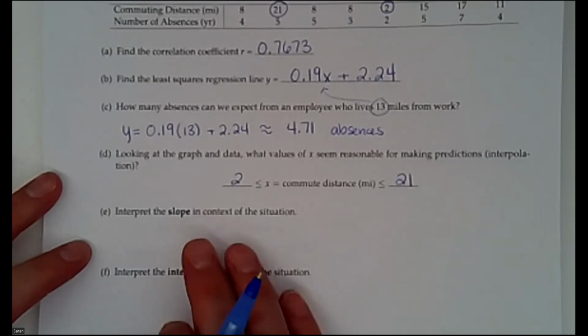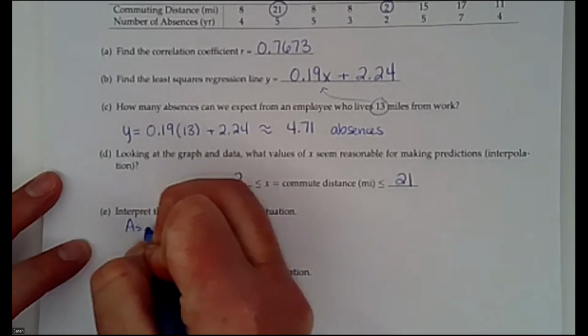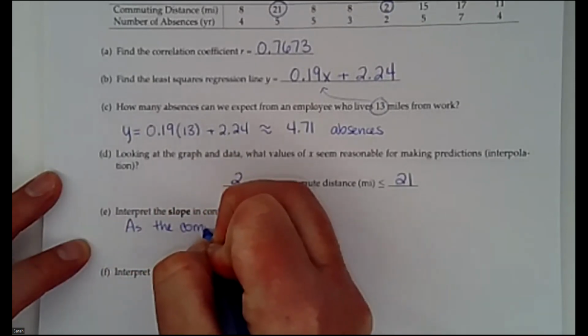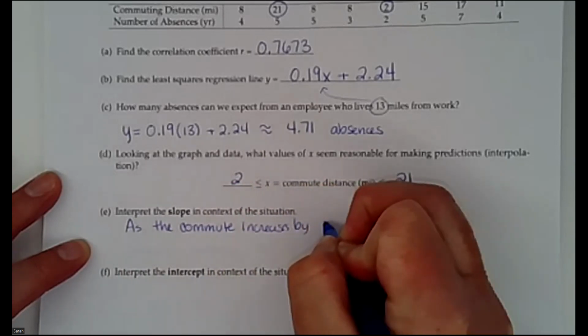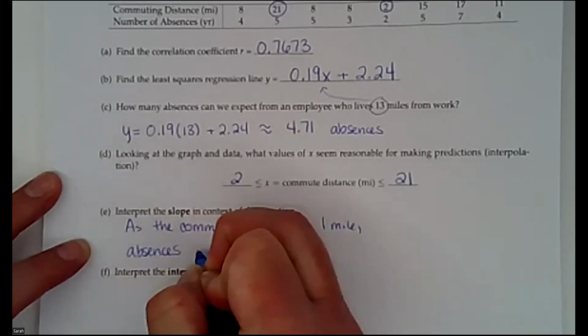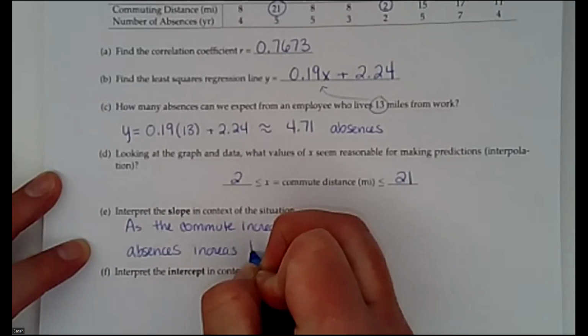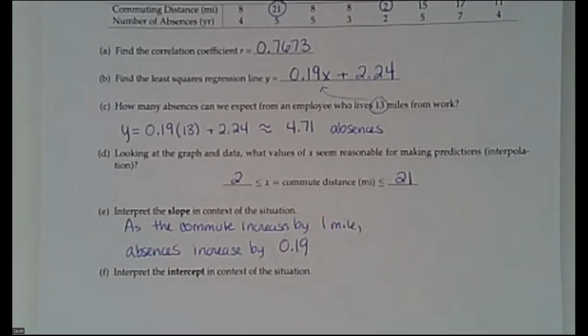So our slope: as our x value increases, so we're looking at our commuting, as the commute increases by 1 mile, absences increase by 0.19. Okay, so every mile further you live away from work, the number of absences you take increases by about 0.2.